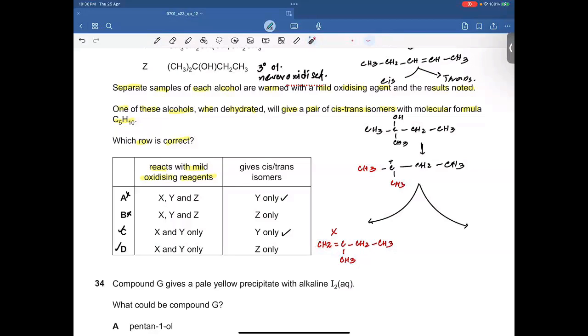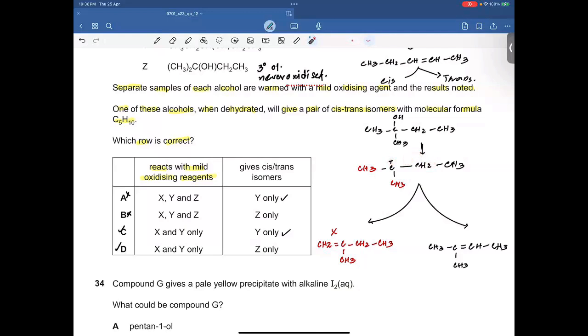What if I go with this shifting of bond and removal of hydrogen? This is CH3, this is CH3, double bond, CH, and then CH3. If I remove one hydrogen from here, that bond will shift between these two carbon atoms, and we can remove the positive charge.